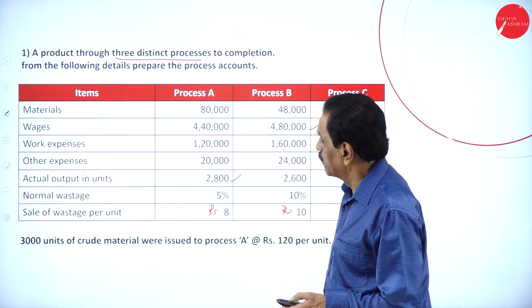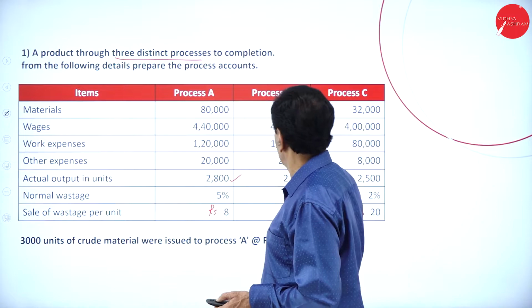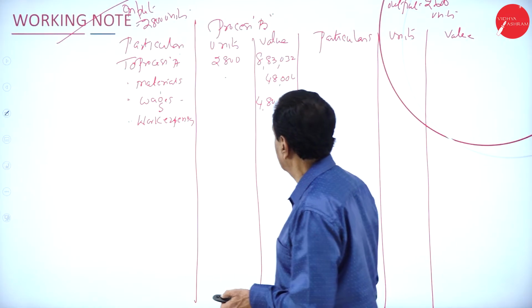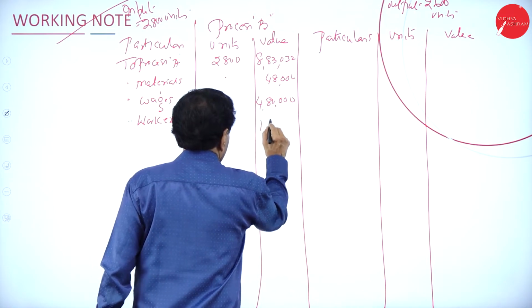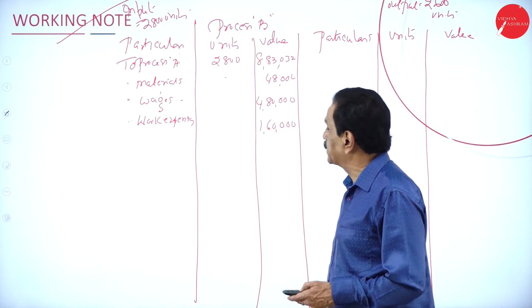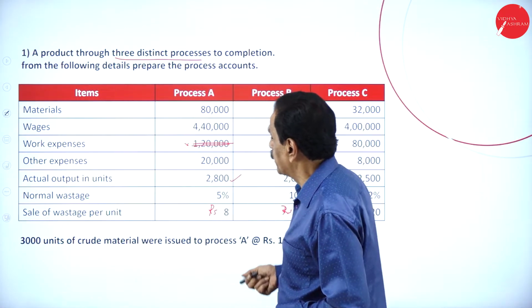Then, wages over. Work expenses 1,60,000. Work expenses 1,60,000 here over.